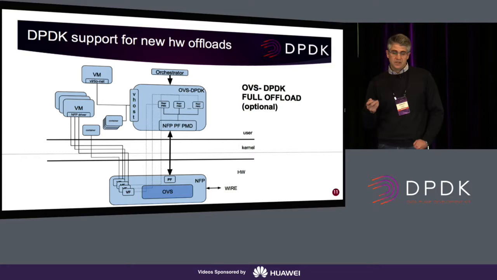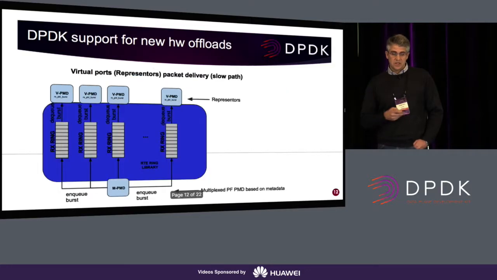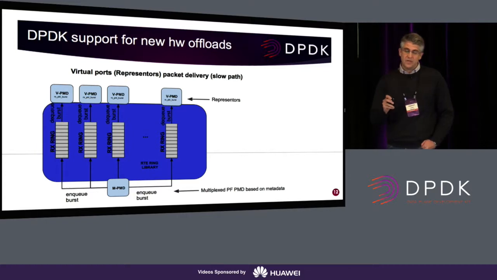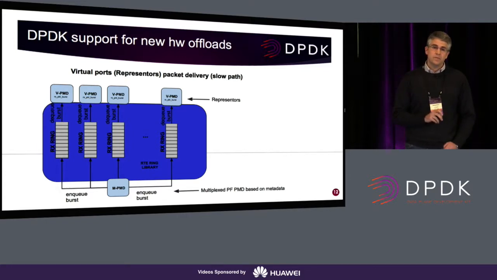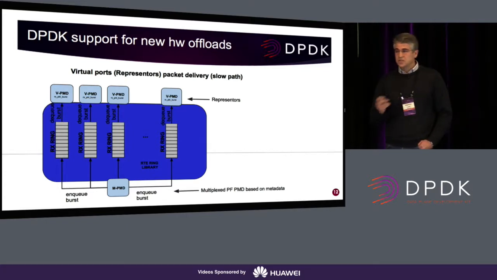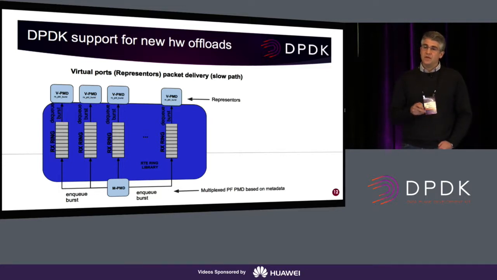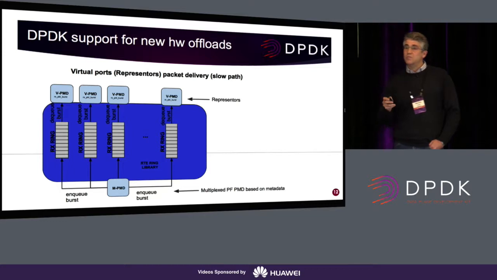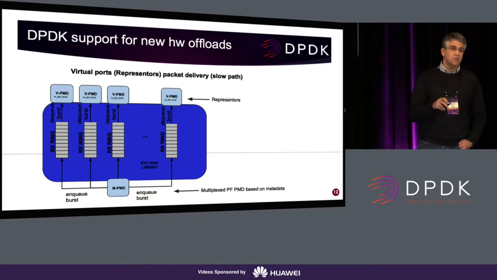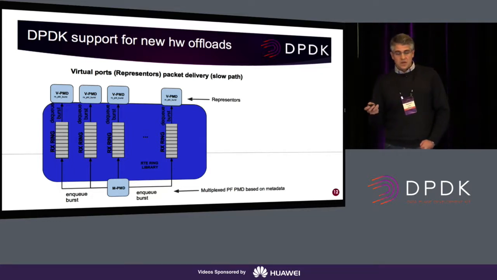So what does DPDK require for supporting this? Well, this is the way we solve the representor necessity that we have. We have the NFP PF doing multiplexing. So we are using just the queues in the PF.